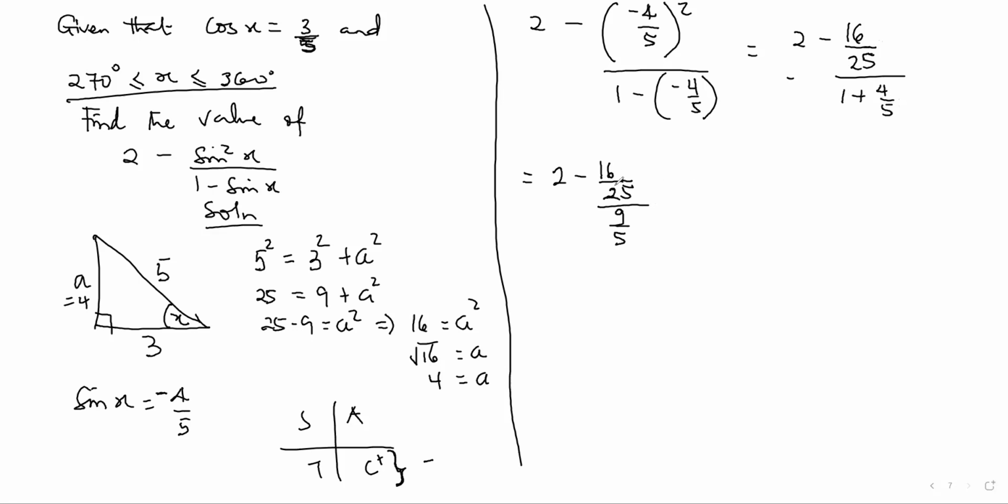So let's try and see how we can break this one down. So you have 2, this is 2 over 1, minus 16 on 25. Or better still, let's do it like this rather.